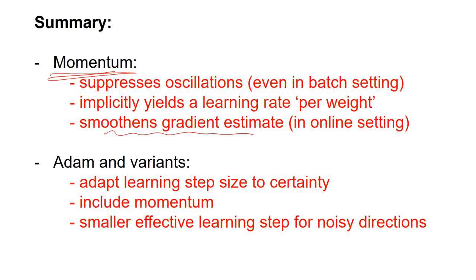Adam and its variants, in addition to momentum, adapt the learning step size to the certainty of the situation. Weights that have a lot of jitter are updated less than others. It includes momentum, therefore it includes all the features that we discussed above, and it has effectively a small learning step for very noisy directions.